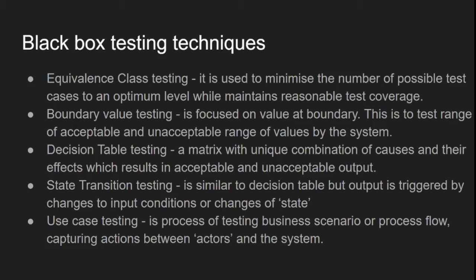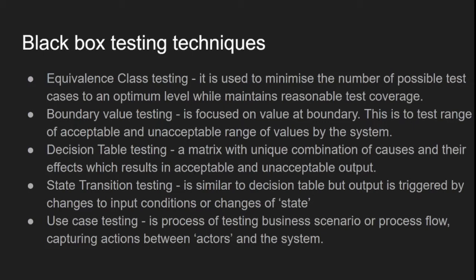Then there's decision table testing. My favorite technique, which I use quite often during testing. It is like a matrix combination of actions and rules, which you define in a table format.